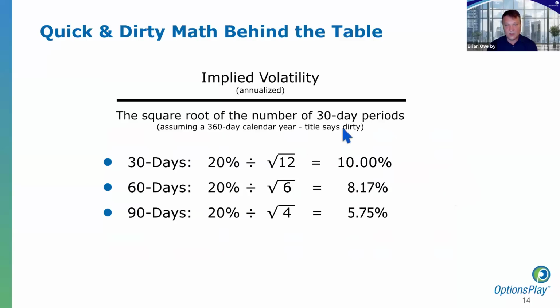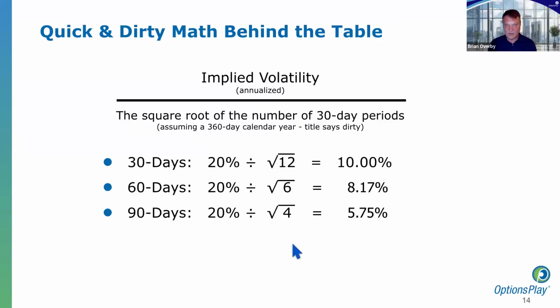All you're going to do is take the implied volatility on an annualized basis, and if you've got a 360-day calendar, and the title says it's dirty, it is dirty, because we have 365 days in a year, not 360. But you would just take the square root of the number of 30-day periods. And once again, remember when I said the Black-Scholes model, you see all these little square root signs in there? Well, this is where it applies.